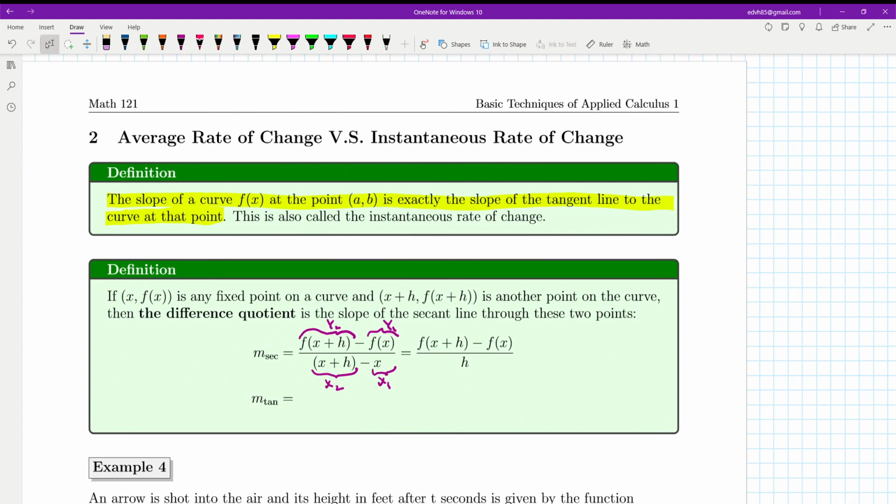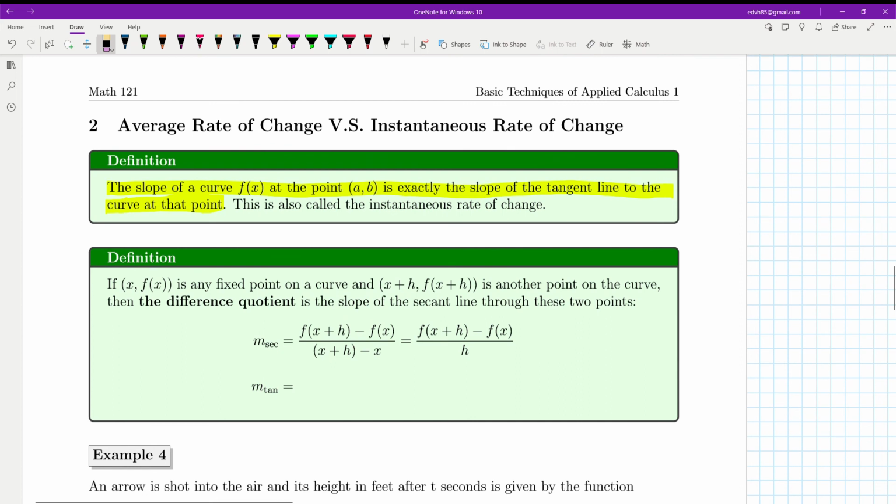So let's go back over here to our notes. So again, this is our f of x plus h, which is our y2, minus f of x, which is y1, over x plus h, which is what I just wrote on the graph, right? And of course, this is how we relate that average rate of change, which calculates the slope of the secant line.